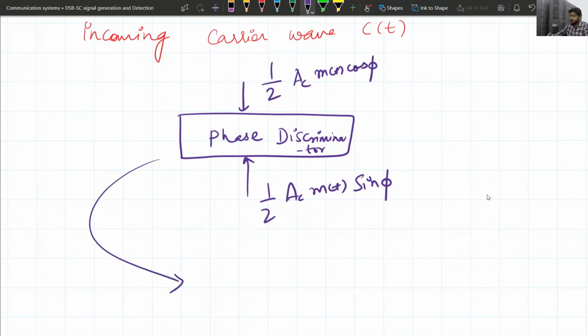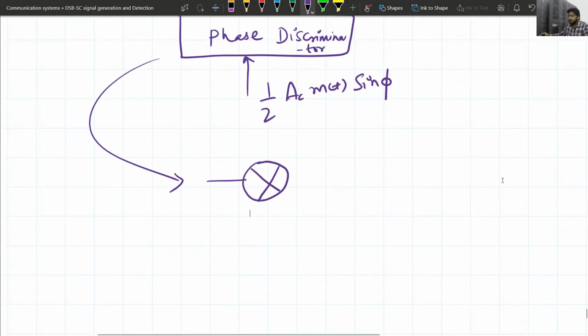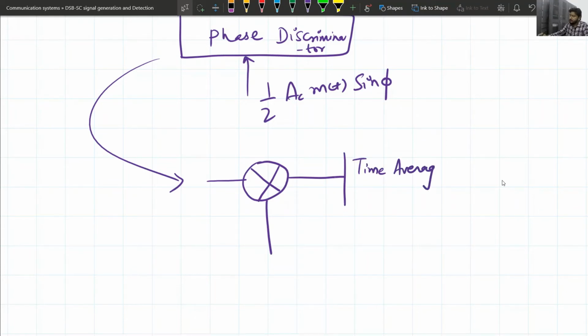A phase discriminator contains a product and a time averaging unit.